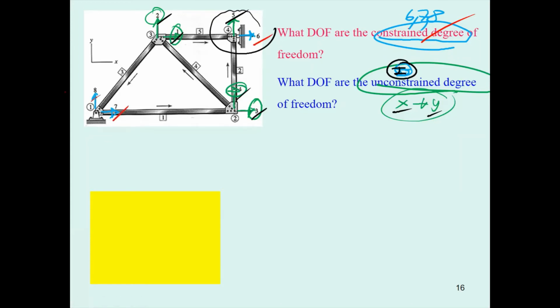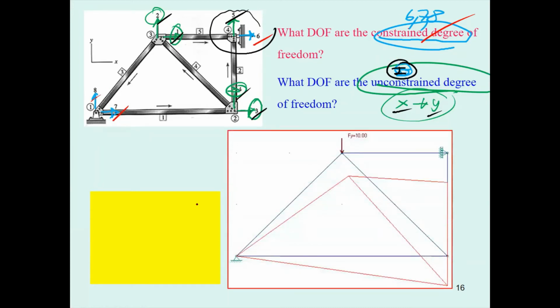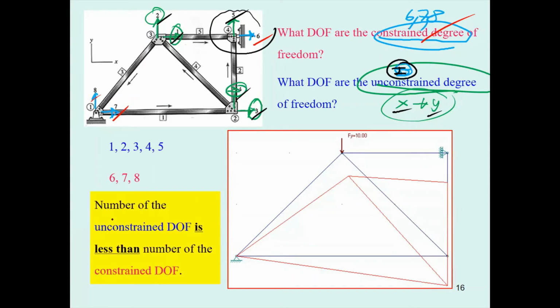Go back and try to rebuild it. The conclusion is going to be 1, 2, 3, 4, 5, and then 6, 7, 8, following the note that I provide you over here.